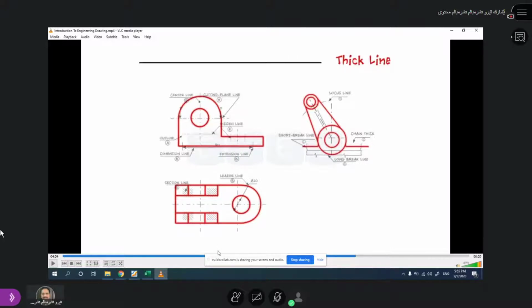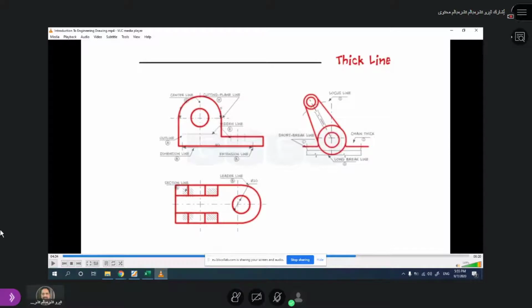To check how you are using it, in all your future exercises and exams, I always check whether you have used the lines correctly. If you don't use the lines correctly, naturally you will lose marks. So you should be very careful. Thick, dark lines must be only used to show the outer edges, boundaries of a drawing.